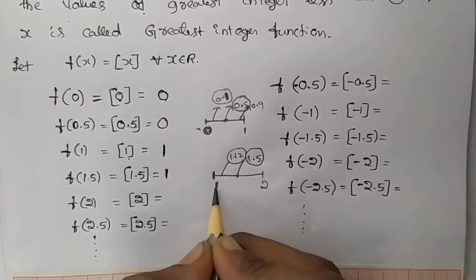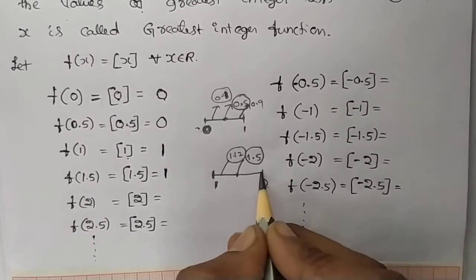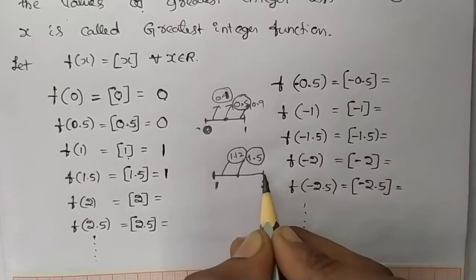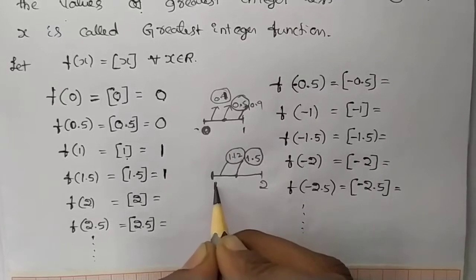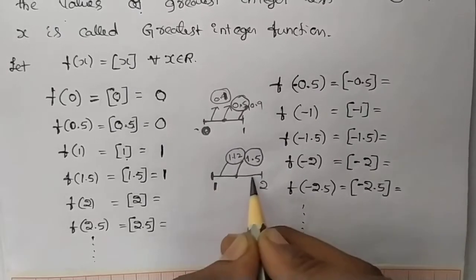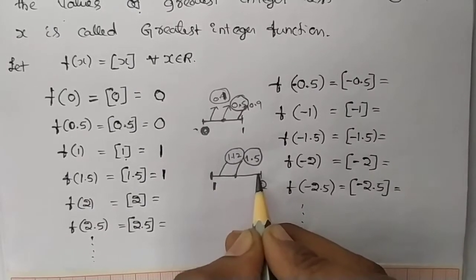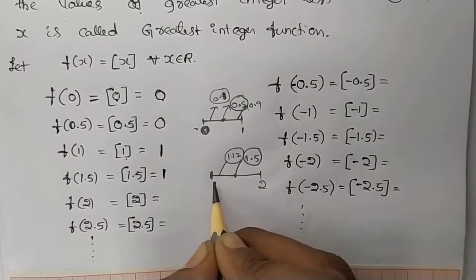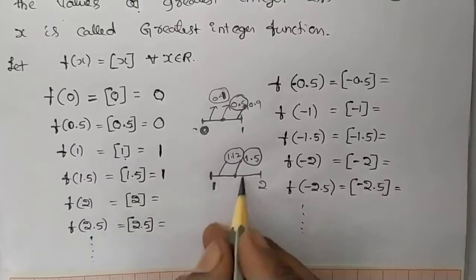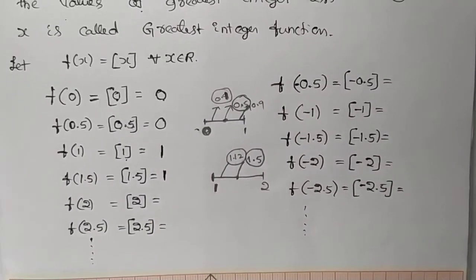From 1 up to 1.99999, the greatest integer will be 1 only. From the value 1 up to 1.999, the greatest integer will be 1 only. Hence, it is the greatest integer.